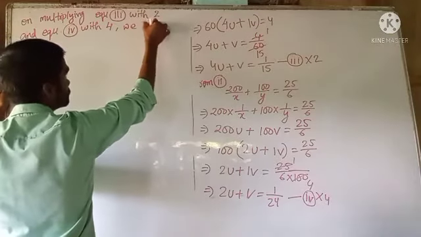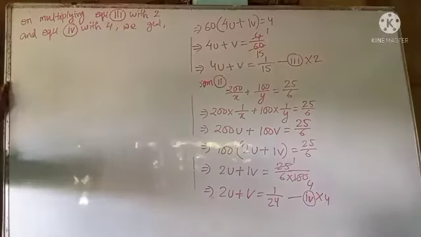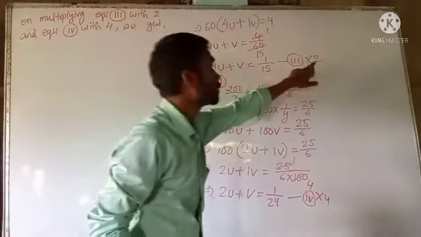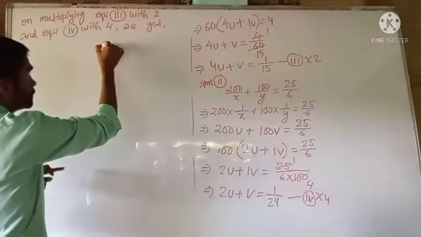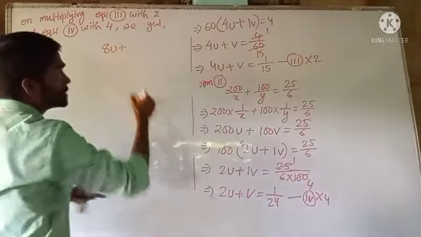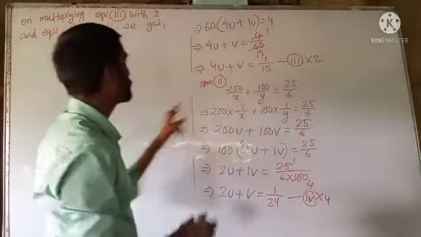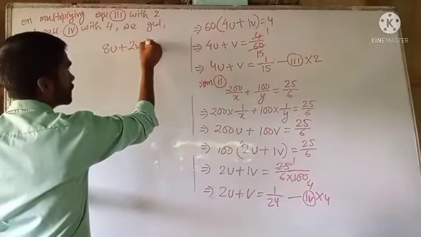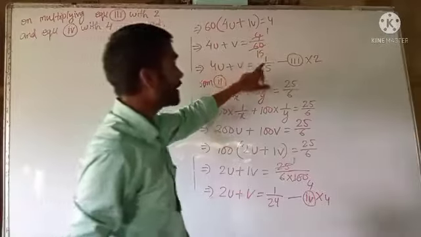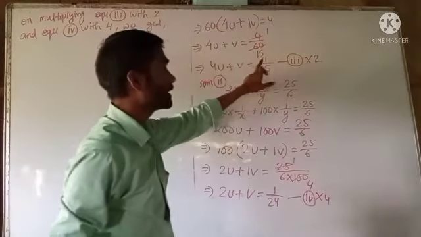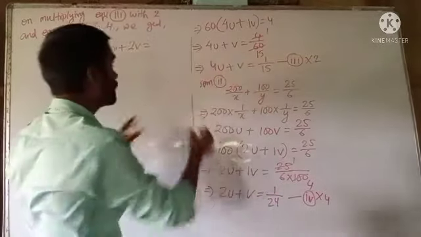When we multiply, 2 into 4 gives 8u, plus 2 into v gives 2v, is equal to 1 by 15 into 2, which is 2 by 15.